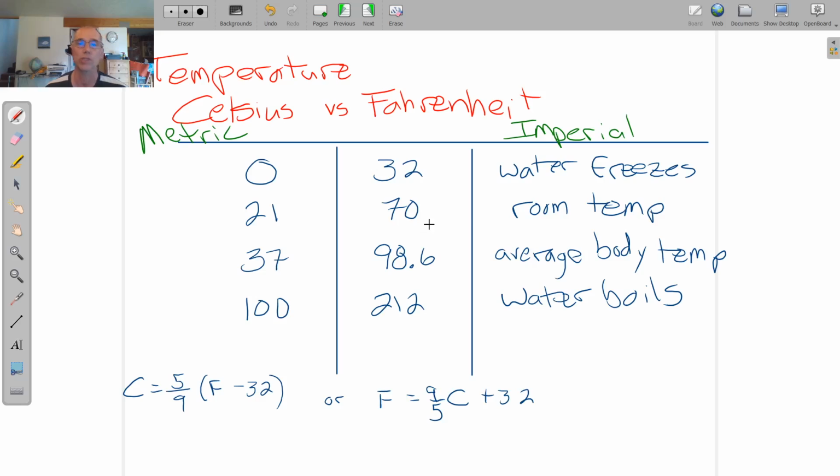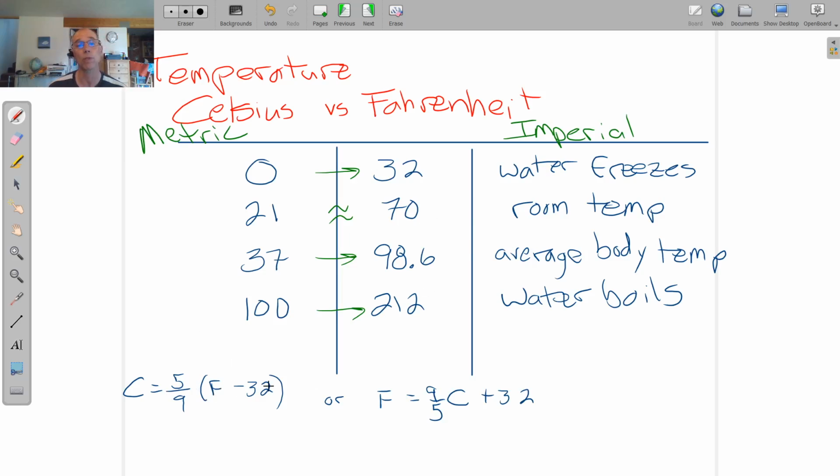I like it cooler. Some people like it warmer, but 70 is approximately 21. I think it's 21.11111, but I'm just going to call it 21 here. These measurements are pretty exact, and this one is an approximation because I left off a decimal here or there, whichever way you look at it.